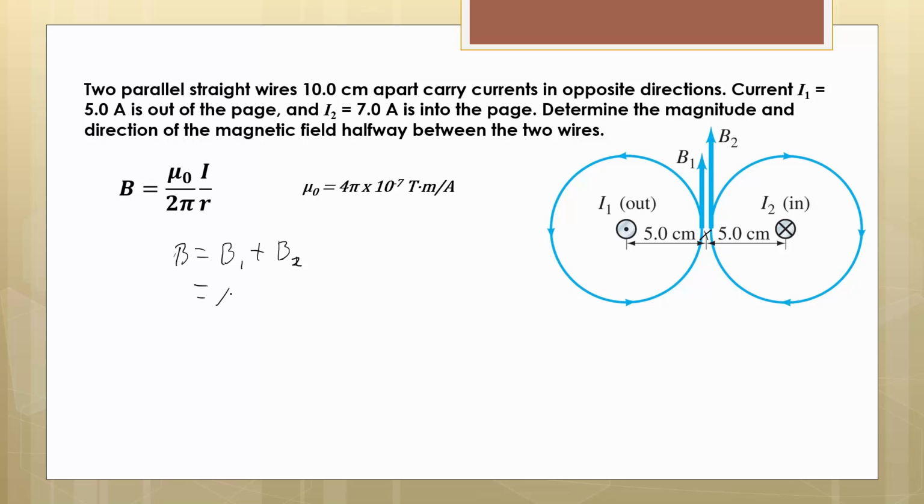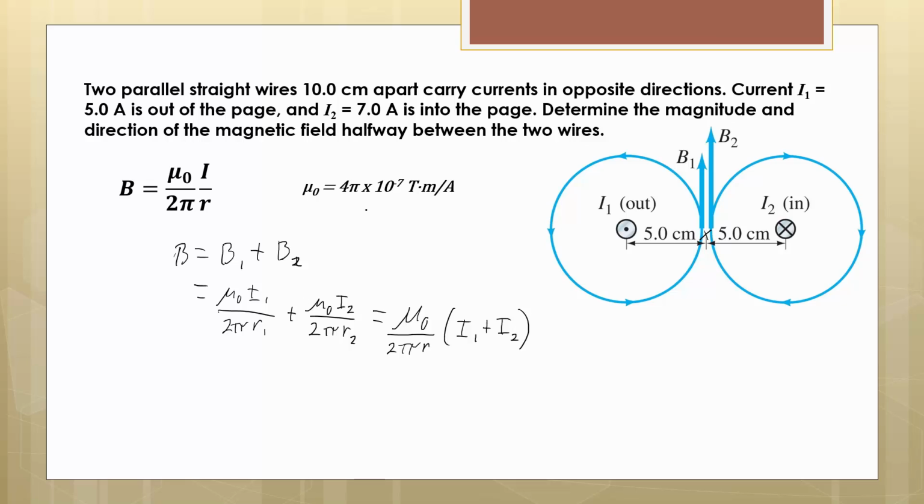And so if we have mu naught I1 over 2 pi R1 plus mu naught I2 over 2 pi R2, then we can use the fact that they are equidistant, so those R's are equal, and we can factor out all the stuff that they have in common. So we're going to have mu naught over 2 pi R, multiplied by I1 plus I2.